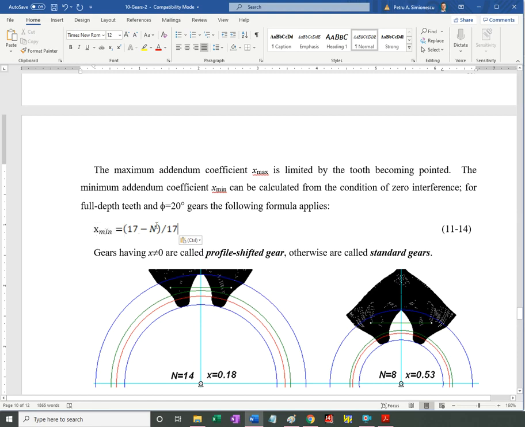So if n here is 25 like we had, we'll end up with a negative value. This is the minimum addendum modification that you can apply without having undercut.